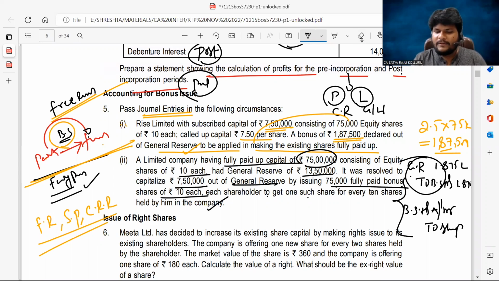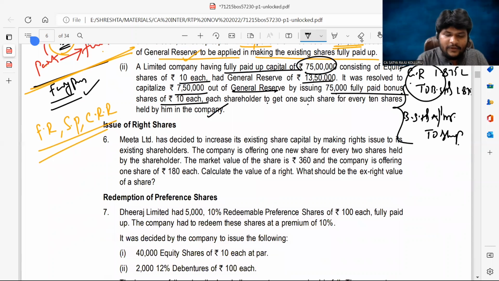That is the only difference. If it is conversion of partly paid into fully paid up, share call entry will come as an additional entry. So this is the final. In case of conversion of partly paid into fully paid up, bonus to shareholders should be knocked off with the share final call. Here we can directly transfer to the share capital itself. Hope you understand these are the basic items only. Next, issue of right shares.